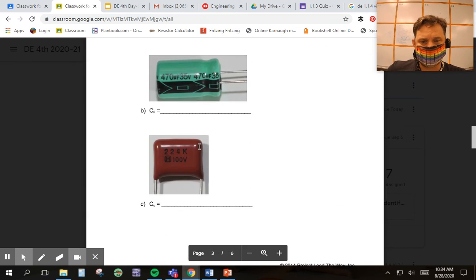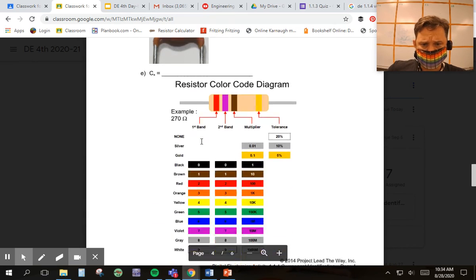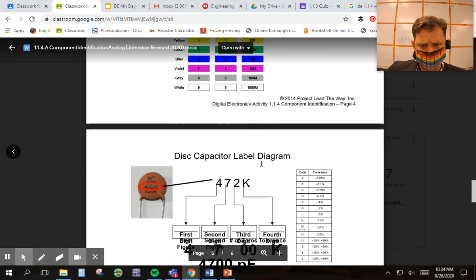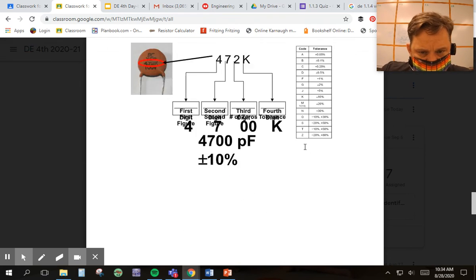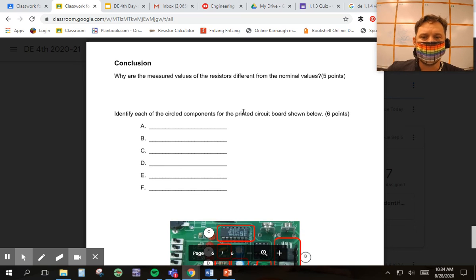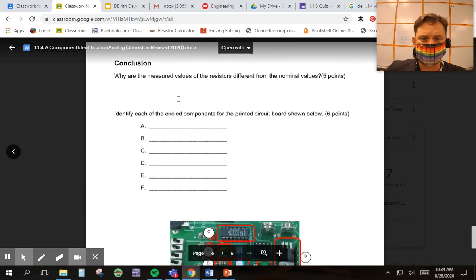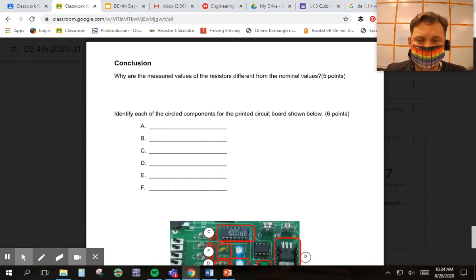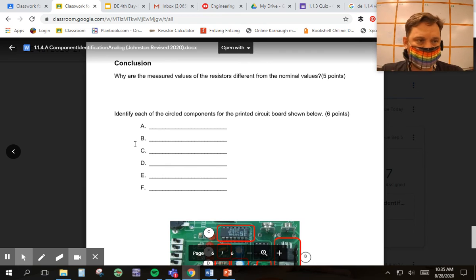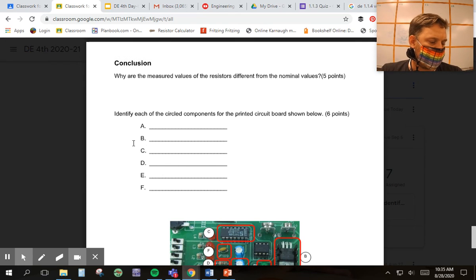You're going to do all of those. Then you've got these capacitors to do. And there is a copy of the resistor. Oh, there is a capacitor thing on there. I couldn't remember. I didn't think it was on there. I thought you had to go back. Then you got conclusion questions there, and let's talk about that. So if we were actually measuring those, I took out part of the assignment where you actually have to go in and read them, then measure them, because people at home don't have multimeters to read them with.